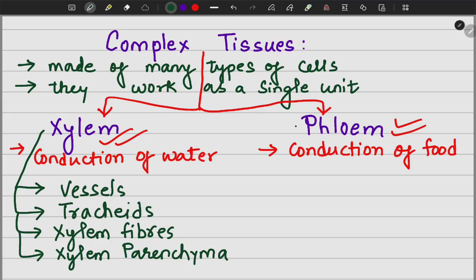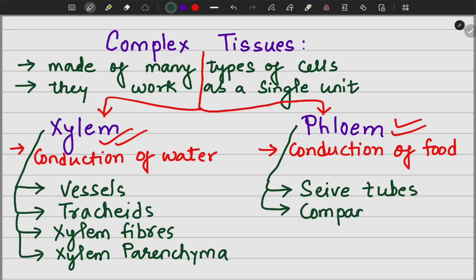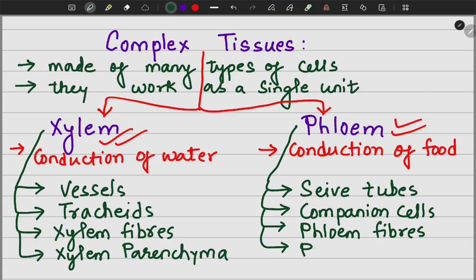Similarly, the phloem is also composed of 4 different types of cells, namely sieve tubes, companion cells, phloem fibers, and phloem parenchyma.